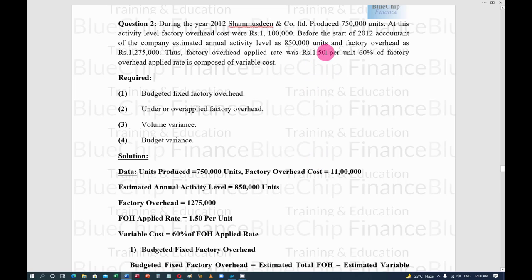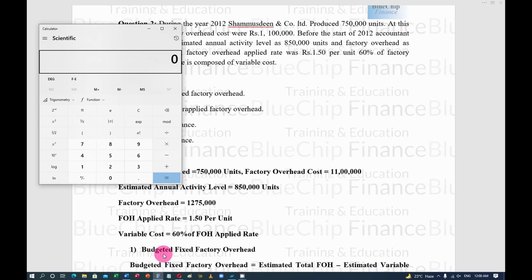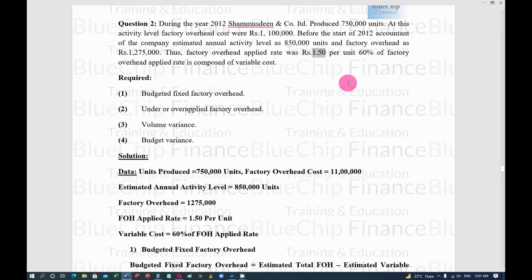If the FOH applied rate is 1.50, in which 60% is variable cost, we can very easily calculate the per unit variable rate and fixed rate. 1.50 multiplied by 0.60 equals 0.9, which means 0.9 is the variable cost, and the rest, 0.6, is the fixed cost per unit.